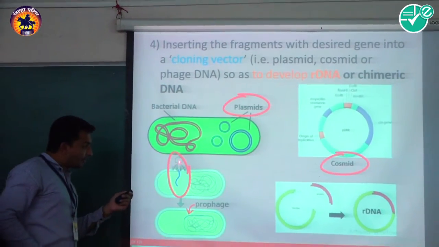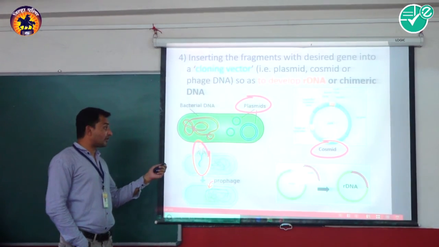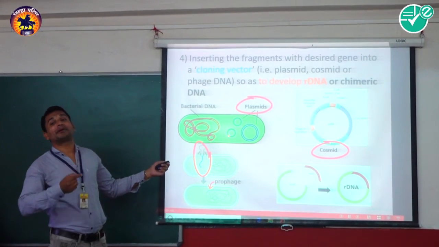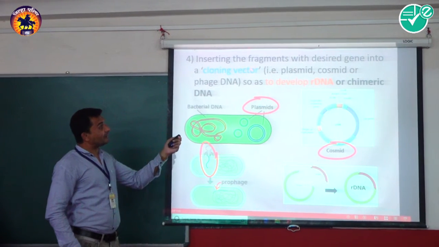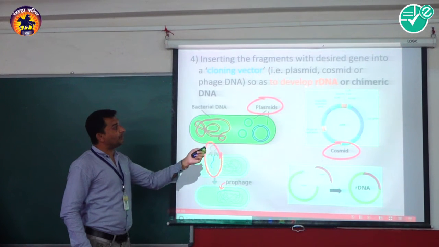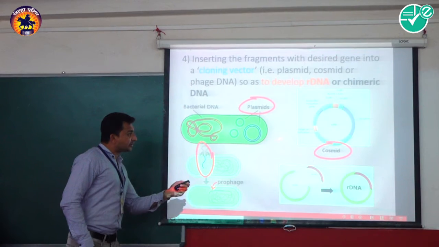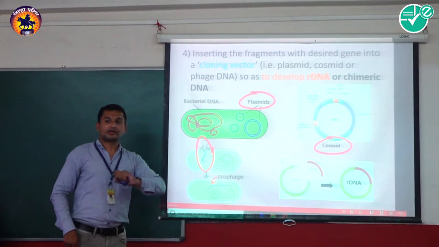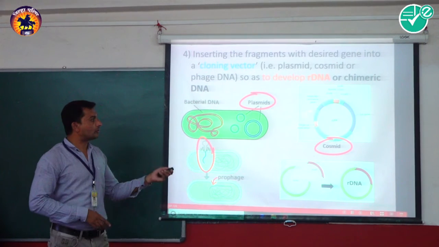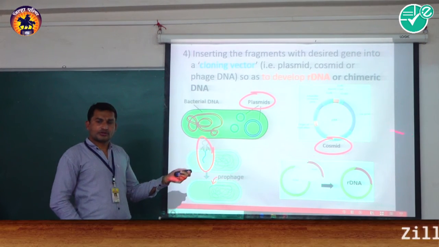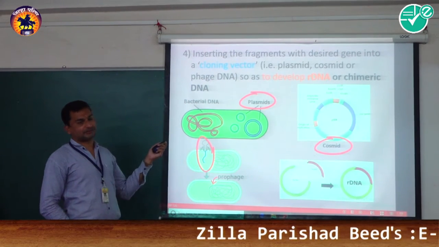Then the virus called bacteriophage has its own genetic material, which can also be used as a vector, called the lambda vector. Then third is one more artificial plasmid called the cosmid. This is called the cosmid. This is also used for multiplying those fragments.